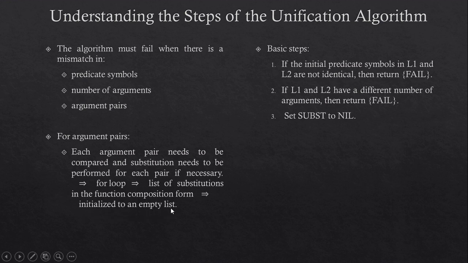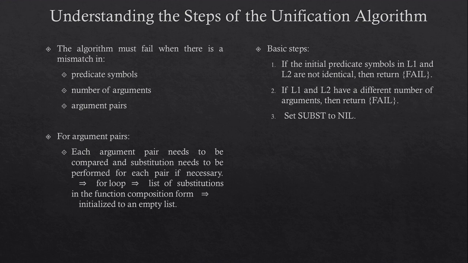Therefore, before we begin with the for loop, we add the third line of initialization of an empty list. So set subst to nil. Subst is the list which is going to get built and finally going to be returned.